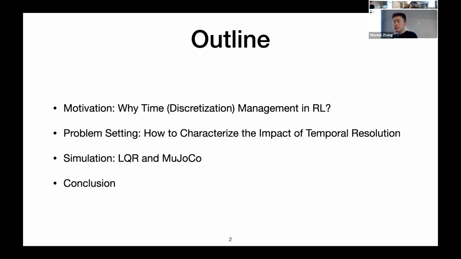First, I will motivate why we want to do time management in RL. Then I'll go through the problem setting of how we can characterize the impact of that. That will be followed by some theoretical results and also simulation on both the linear quadratic regulator and MuJoCo.